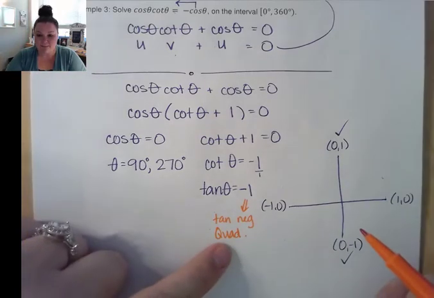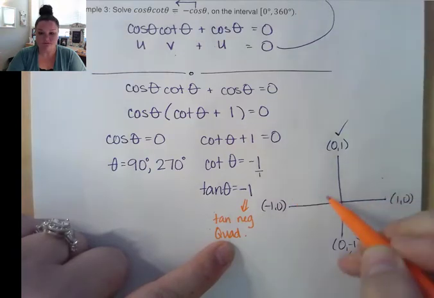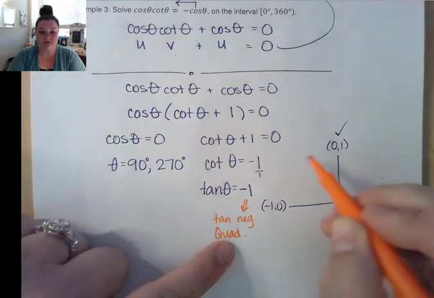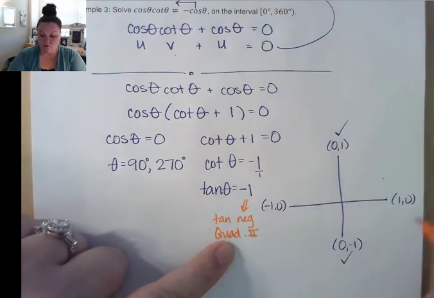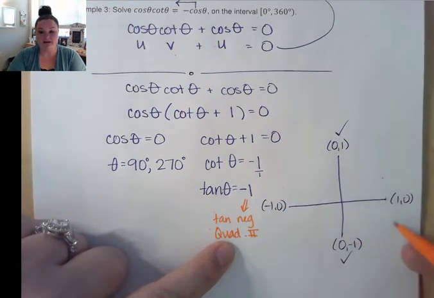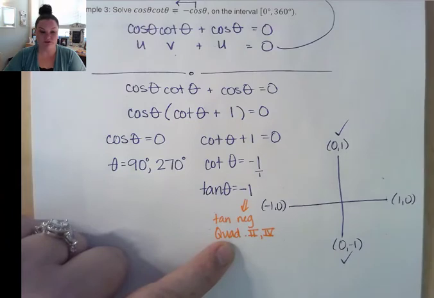So where does that happen, where I get a positive and a negative? It would be over here, where sine is positive and cosine is negative. So quadrant 2 or quadrant 4, because down here I have a negative sine and a positive cosine. So quadrant 2 or quadrant 4, okay?